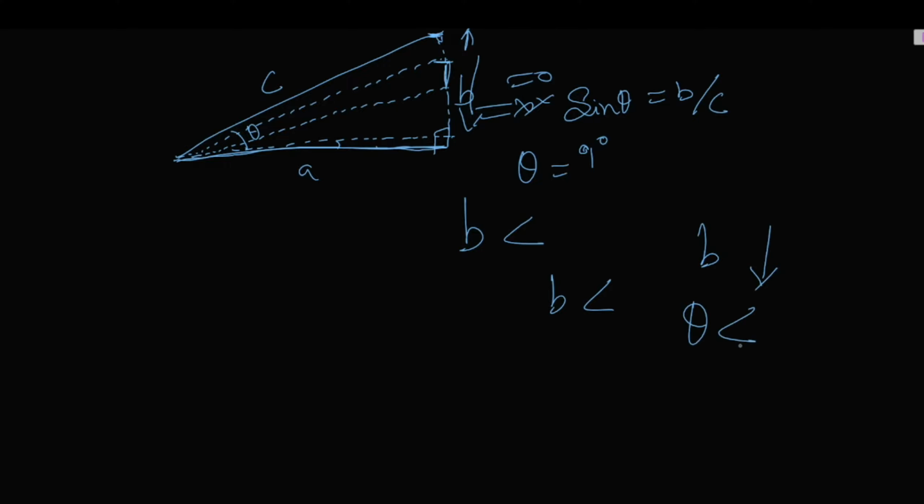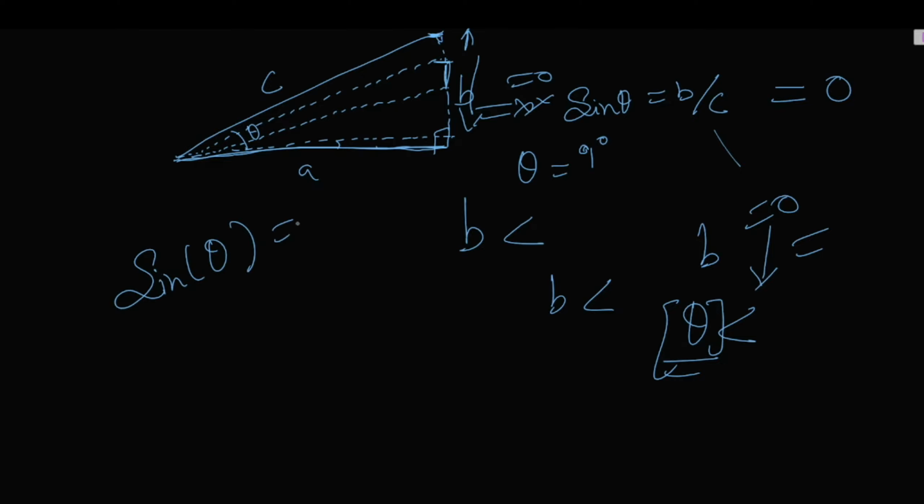So this B is going down as we decrease the angle. So a point will come when this angle is 0 and B will become 0, and when B becomes 0, sine 0 will become 0. So when we have 0, sine 0 is equal to 0, because there is no height in the triangle. So that is sine theta equal to 0.